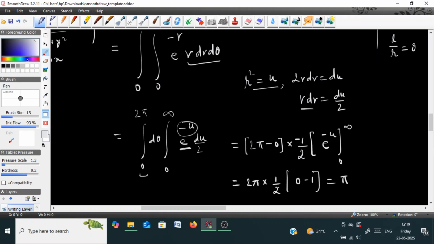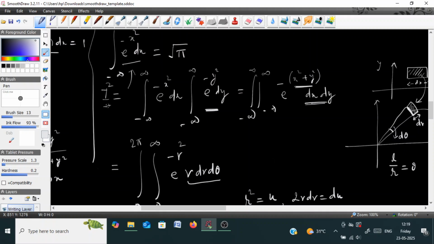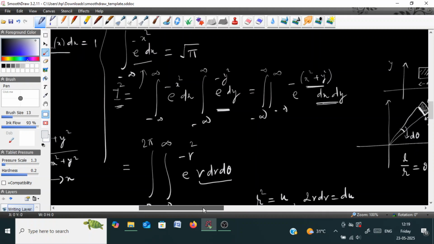Okay, so this we have taken as I square, so I square is pi, definitely I, which is this integral, will become under root of pi.